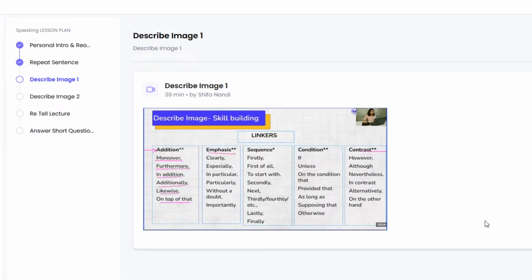Let's look at the words for emphasis first of all. When you're trying to lay emphasis on something specific, you would say clearly, especially, in particular, particularly, without a doubt. You can also use the word indubitably, importantly, most importantly, right? So I'll just put that here, most importantly. That's also a nice one.